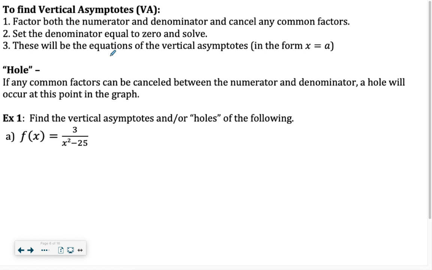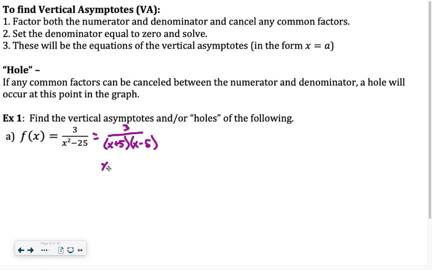So let's look at a few examples and find either asymptotes or holes. So first step, factor numerator and denominator, right? So the denominator here factors, the numerator does not, obviously. This is a difference of squares, so this would just factor into x plus 5 and x minus 5. Can't cancel anything out, but now I can set the denominator equal to 0.